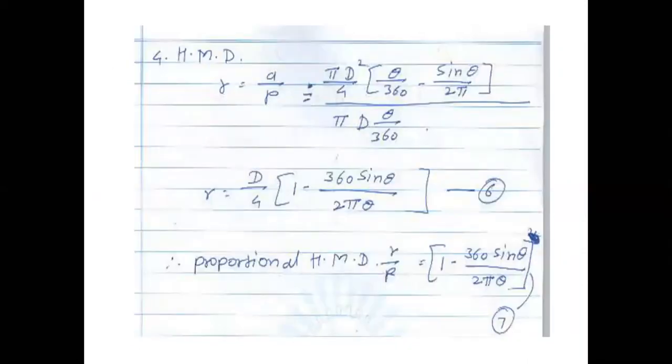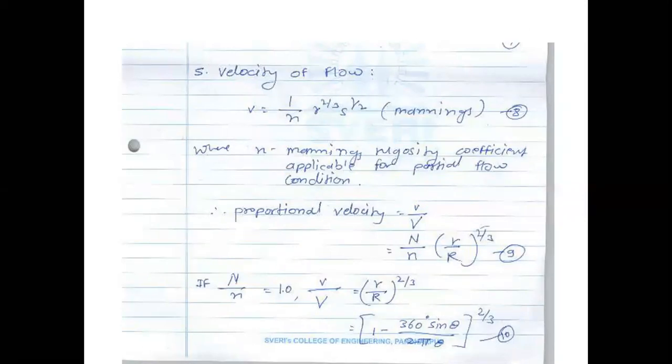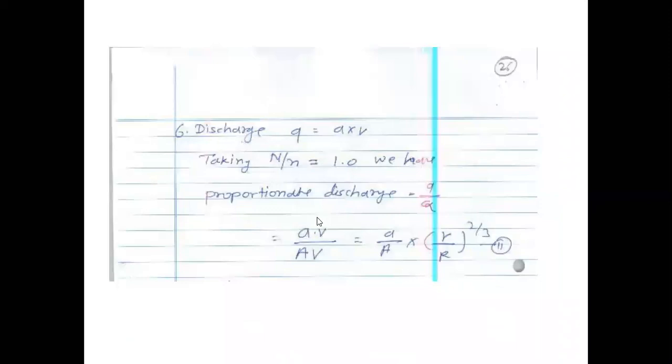See here, hydraulic mean depth R upon r, then V upon v is equal to small r upon capital R raised to 2 by 3. So what is the formula for small q upon capital Q? Small q upon capital Q is equal to small a upon capital A into small r upon capital R raised to 2 by 3. Okay, this is the formula.